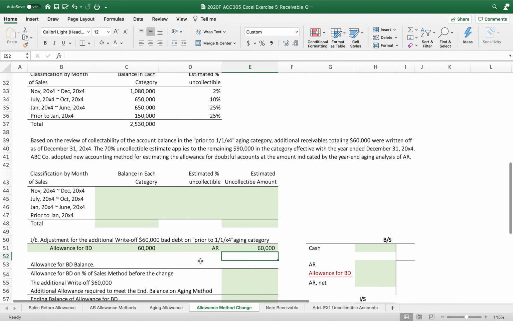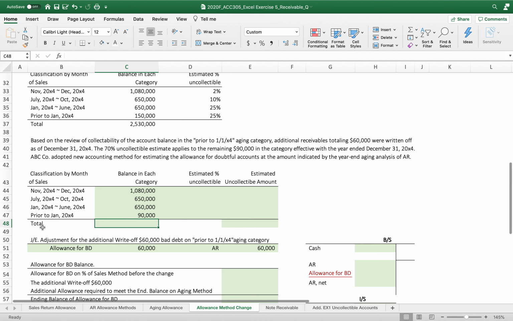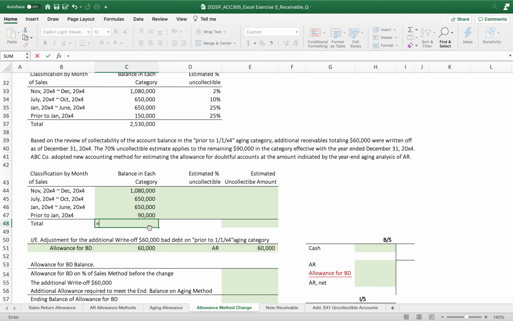Okay, so the balance in each category, we can just transfer from this balance in each aging category. But here you have to remember we reduced this by 60,000. So $90,000 is the balance in the category prior to January year 4. So now how much is the AR balance?